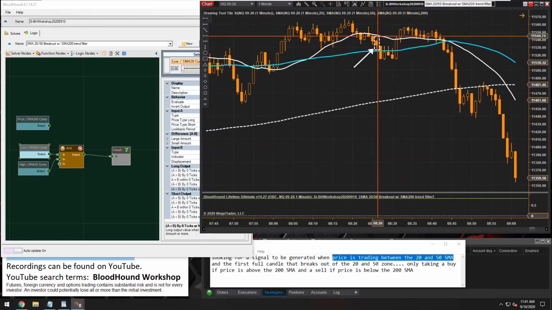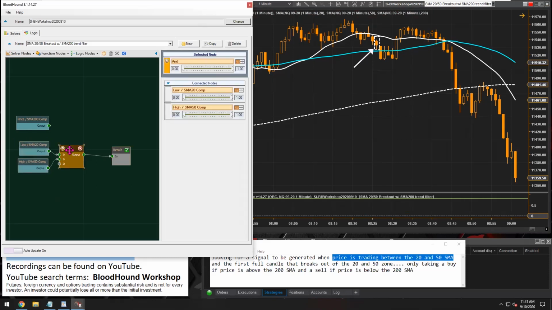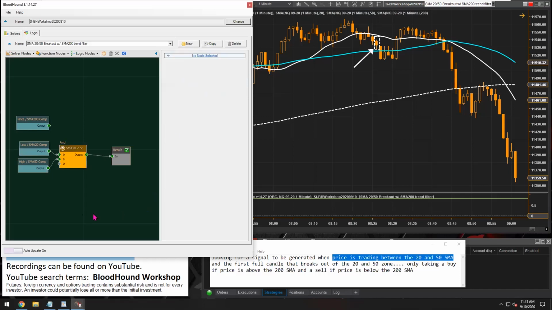But when the 20 is above the 50, that condition has not been built yet. So for this AND node, let's just say this is when the SMA 20 is less than the 50.